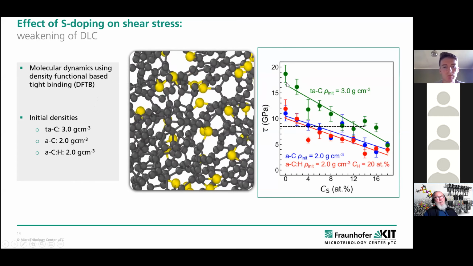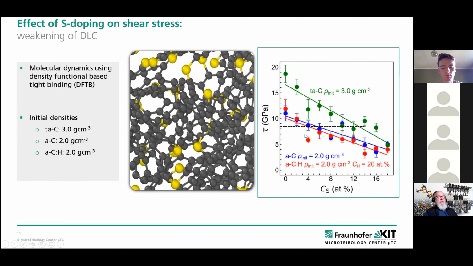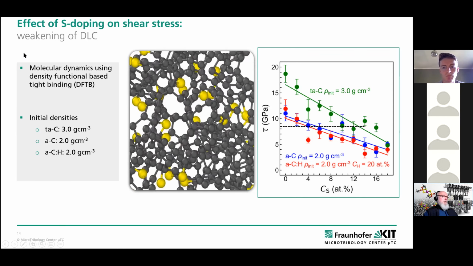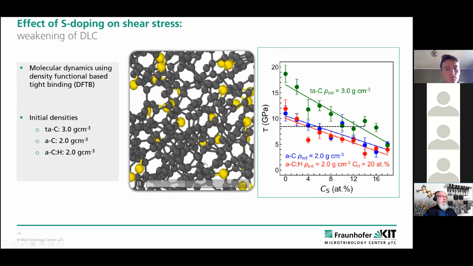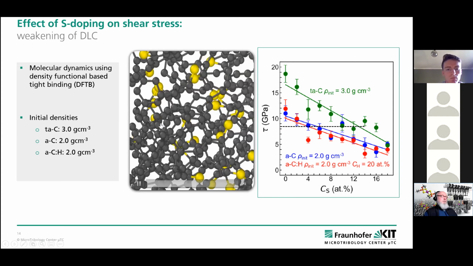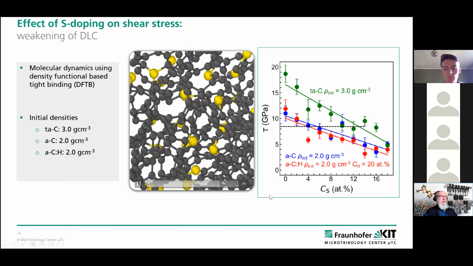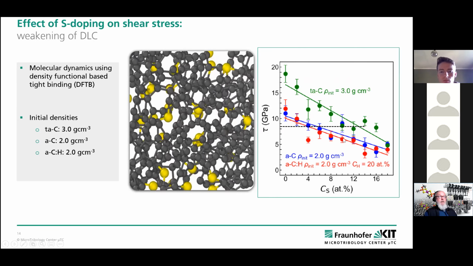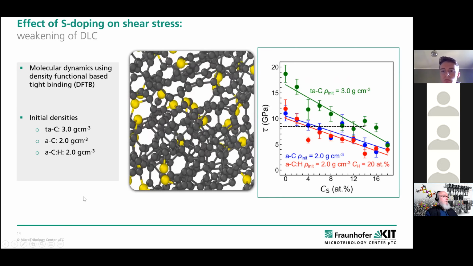And for all 3 coatings, you see you only need a couple of percent of sulfur to make the response much weaker. So this shows that there's a pronounced weakening of the DLC matrix if you somehow manage to mix sulfur into the bulk. We did other calculations with boron, for instance. The response was less pronounced. So sulfur is here an extreme case of a weakening dopant.